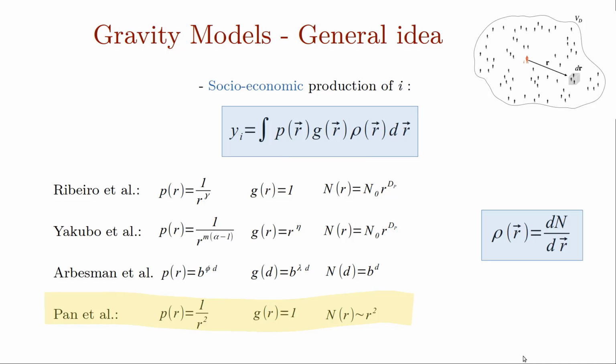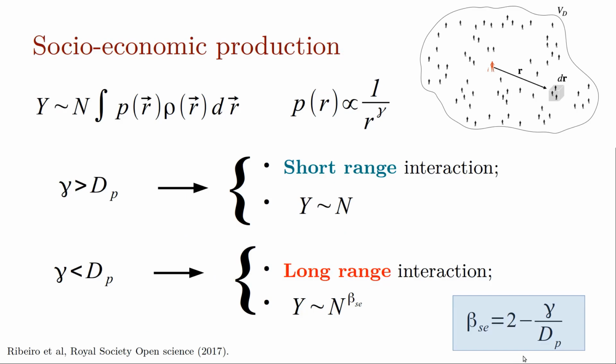And what I think is the most important output of the gravity model is that we can predict the value of the beta according to the geometrical properties of the system. For example, according to the solution of the mathematical approach of these gravity models, in order to have superlinear scaling we need a long-range kind of interaction.